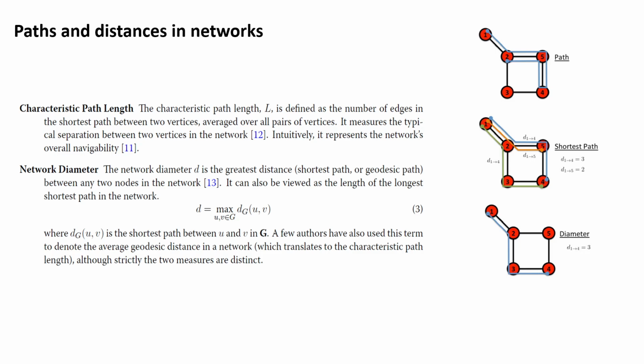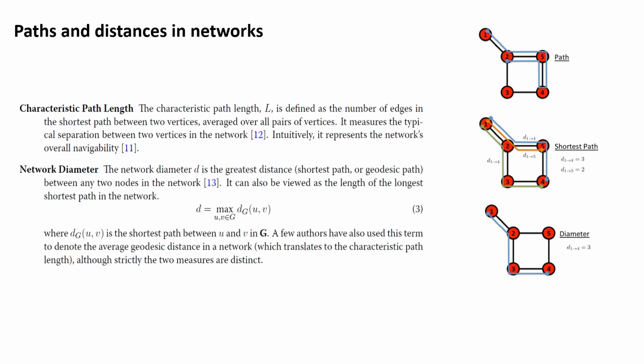The characteristic path length is defined as the number of edges in the shortest path between two vertices, averaged over all the vertices. Sorry, I got confused. In that adjacency matrix, you average over all of the non-zero and the non-infinity values between two vertices. That gives you the characteristic path length.